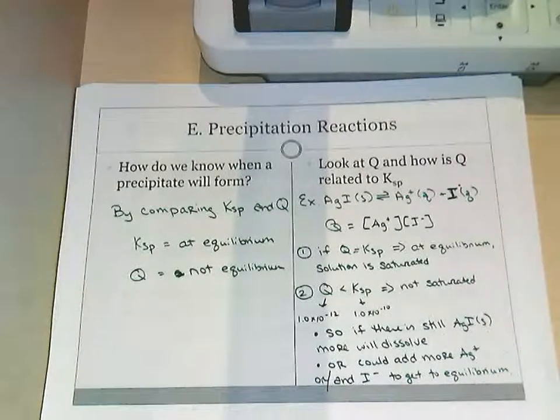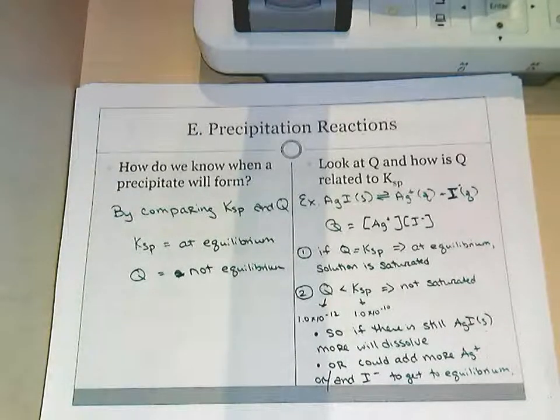So you can forcibly add some more to get to equilibrium. How do I feel about that? Good? Makes sense with what we know about Le Chatelier's principle?